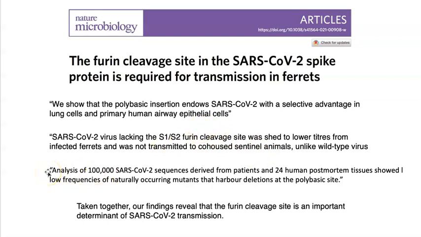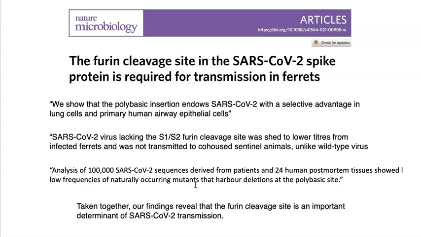This is another important point that was made in the paper. Analysis of 100,000 SARS-CoV-2 sequences derived from patients with 24 human postmortem tissues showed low frequency of naturally occurring mutants that harbor deletions at the polybasic site. And what that tells us is that if the virus starts making tons of mutants in that short little region, it basically goes extinct.